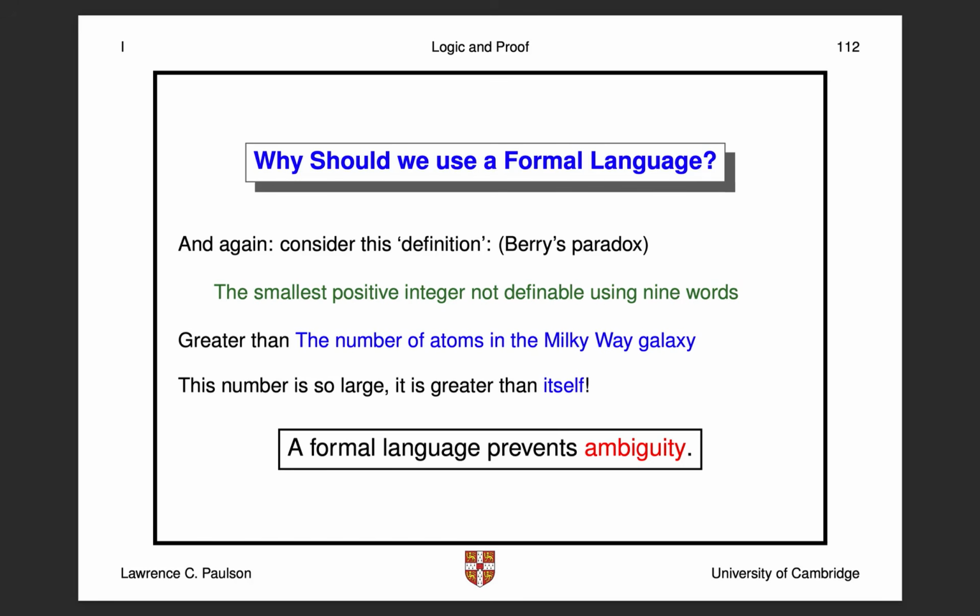So I have, for example, the number of atoms in the Milky Way galaxy is definable using 9 words and is a very, very large number. But the sentence in green above has a slight problem: by definition it is a positive integer greater than itself.